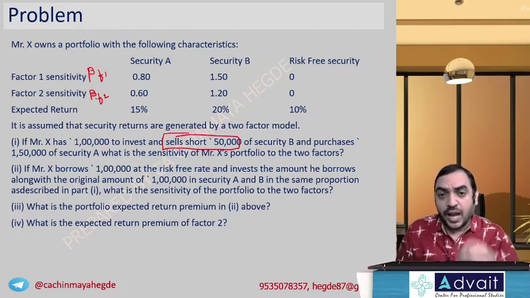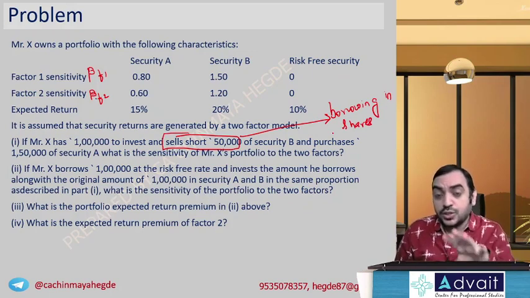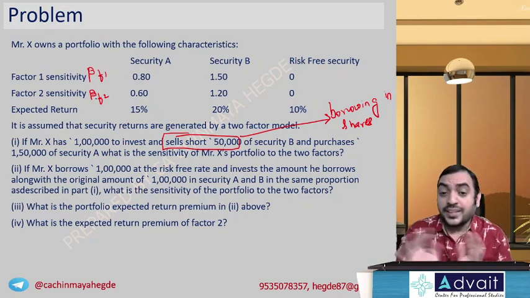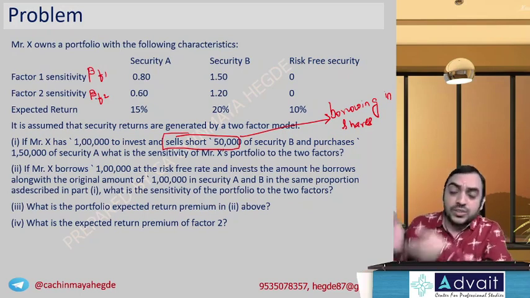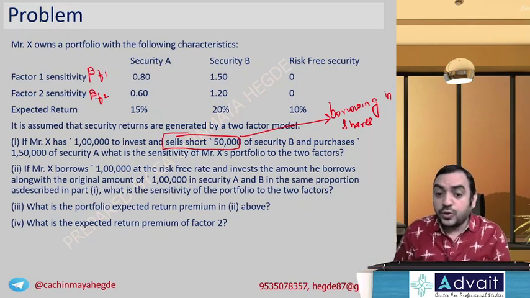I will discuss it during the derivative stage, but as of now, please remember, it is like borrowing in shares. So you borrow the share, sell it, and get the money. You don't borrow the money directly. You borrow the shares, and those shares you sell in the market and you get the money out of it. You get the money only, but it is a slightly different process.